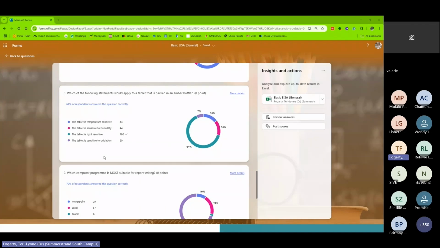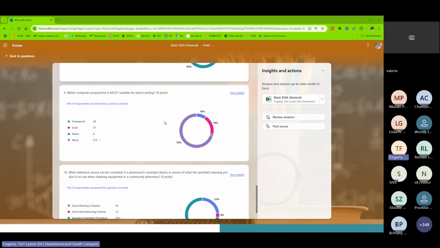It's to protect the tablet from being degraded if it's exposed to light. And so if we look at the options, the third option, the tablet is light sensitive, is the most correct answer there. And that is why it is in a darker bottle. That's what amber means. It's those brownish color bottles.